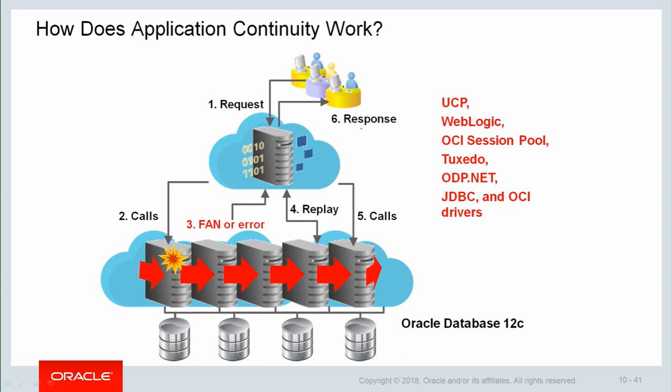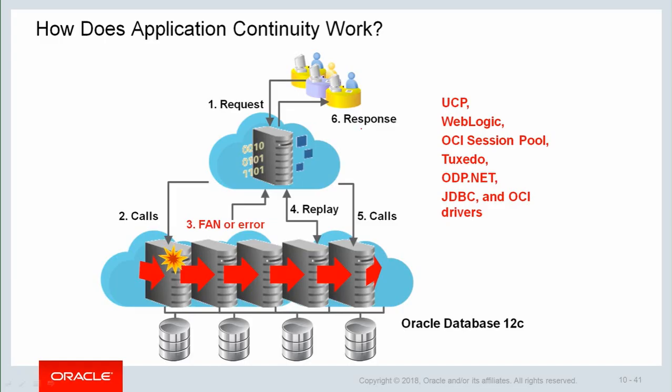If something goes wrong on the server side, a FAN message will be published and delivered to the FAN-aware client. Application continuity can especially take advantage of FAN. So if a FAN message is delivered to the connection pool, for example, then application continuity will take action.